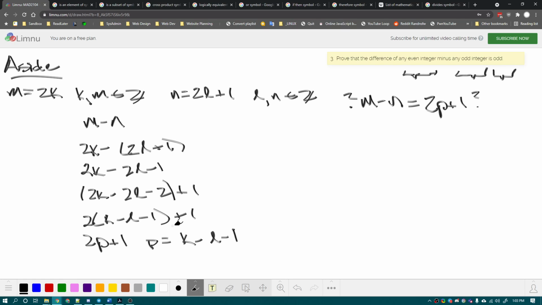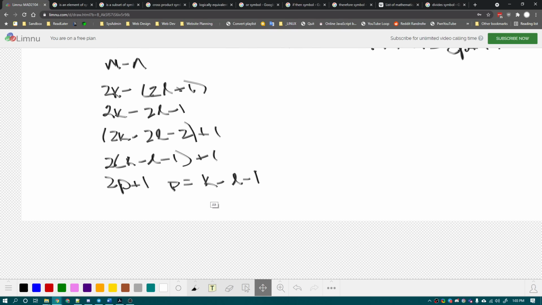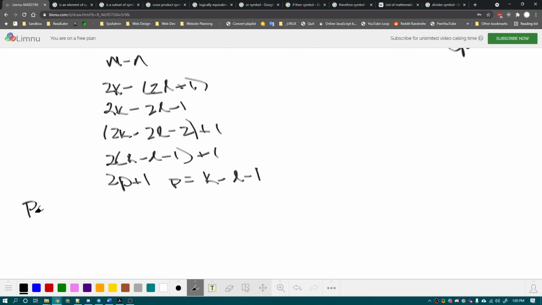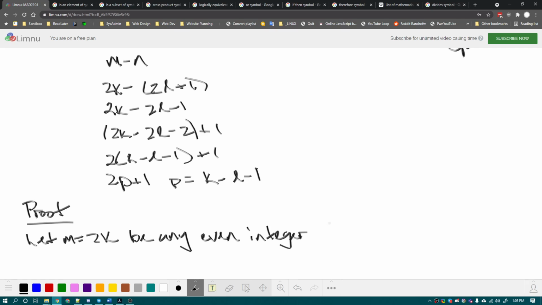So this is how I'm going to prove it. And so here's the proof. Let m equal 2k be any even integer for some integer k.